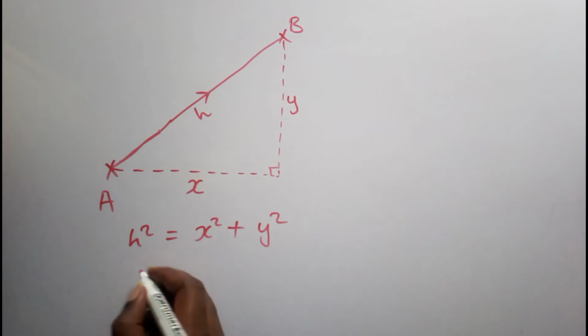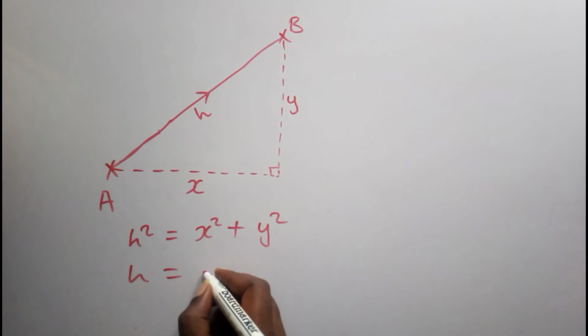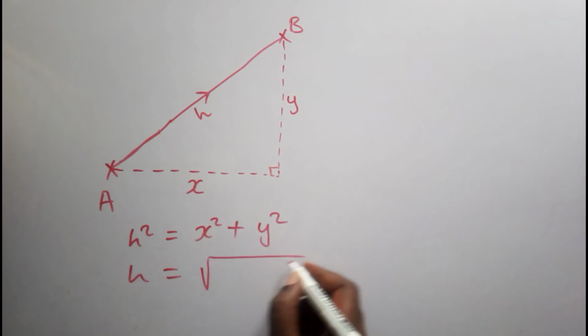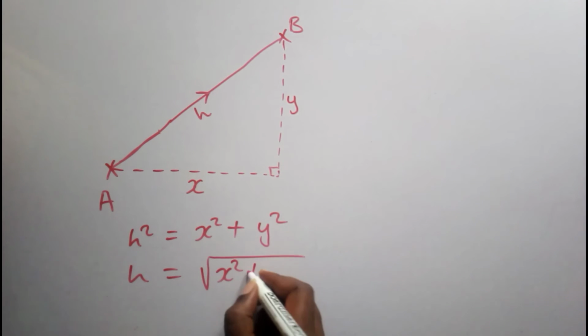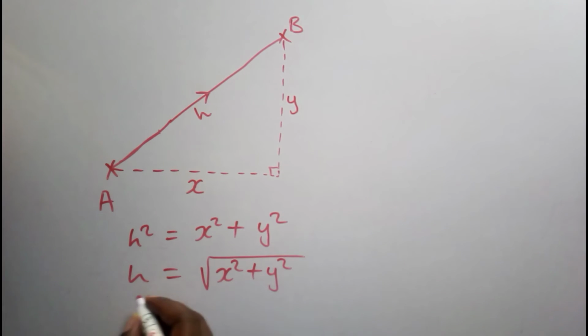You know that from trigonometry. Which means if we have h squared, we want to find the h, we find the square root of x squared plus y squared. Now that is the magnitude of the vector. So that is the length of the line AB from Pythagoras theorem.